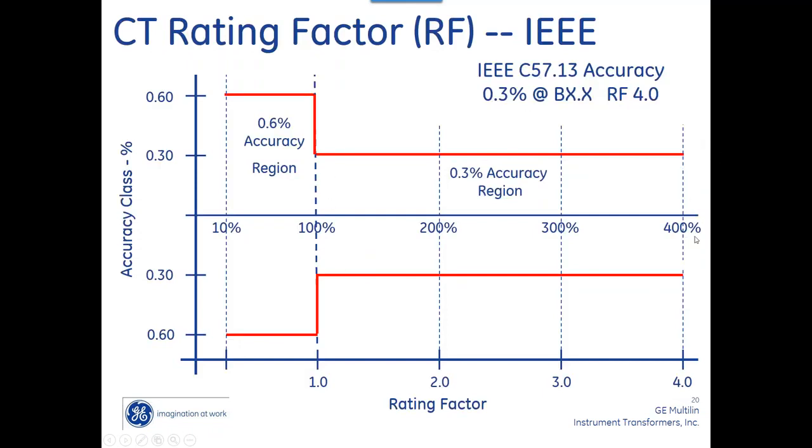So this CT right here has a rating factor of 4 because I can actually have up to 4 times current on it. So if it was 100 to 5, I could put 400 amps to this CT and I don't lose any accuracy. And it's designed to be continuous.